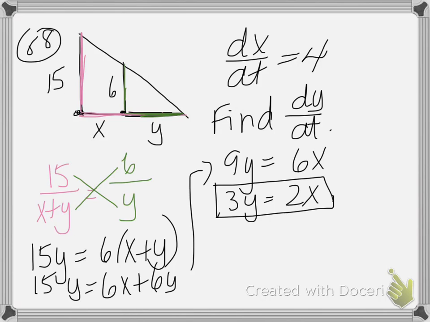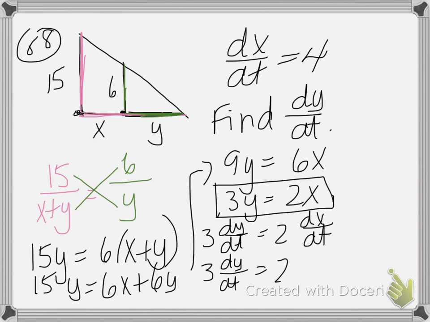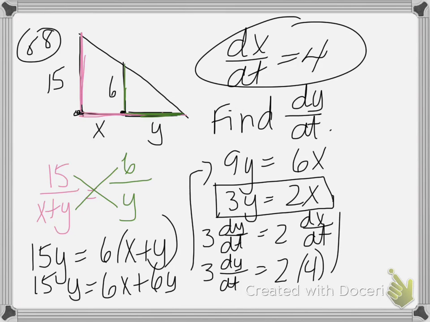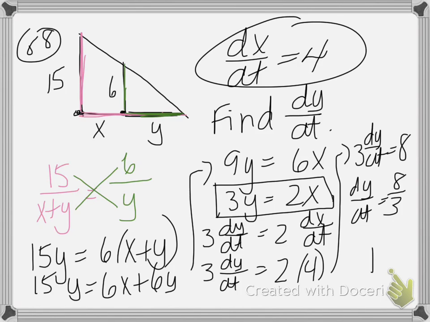So the derivative is 3 dy/dt equals 2 dx/dt. 3 is 3, dy/dt is what we're looking for, 2 is 2, and dx/dt is 4. So you're going to get 3 dy/dt equals 8. Divide both sides by 3, and you get 8/3, and that was choice B.